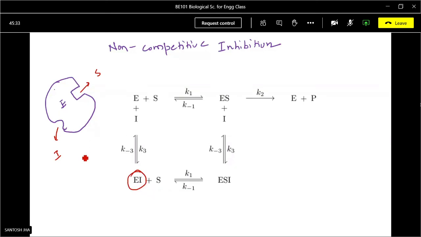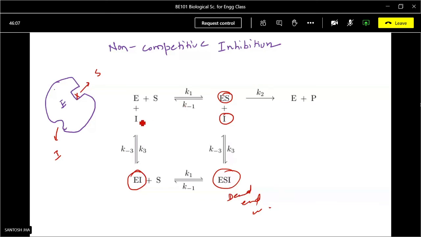Now after this binding, there is a change in the conformation. There is a structural change in the enzyme. Due to this change in the structure, the active site for the substrate is no more available for binding. Although it can still attach the substrate and form the dead end complex. In the same way, this inhibitor can also bind with the enzyme substrate complex, and after the binding of inhibitor, again there is a formation of a dead end complex.